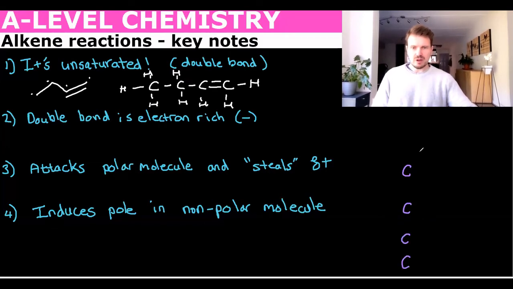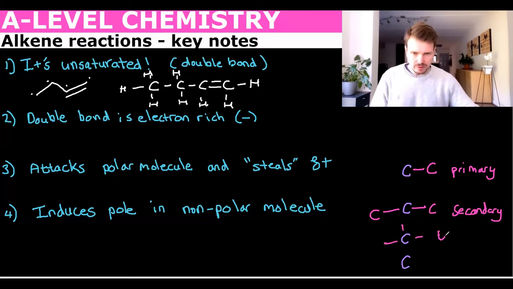Now, if this carbon is only attached to one other carbon, then it is called a primary. If it's attached to two other carbons, secondary. And it's going to be called tertiary. And the final one, I'm not going to draw it, but that would be attached to four carbons, and that would be a quaternary.